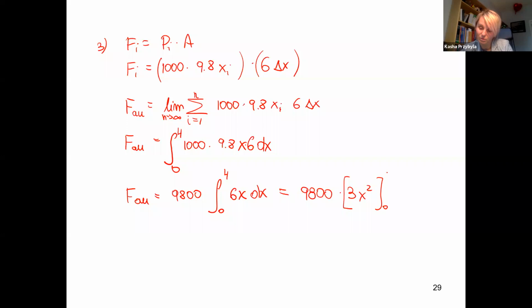And we have to evaluate from 0 to 4. That means 0 will give me 0, but 4 squared. Okay, what's 3 times 16?